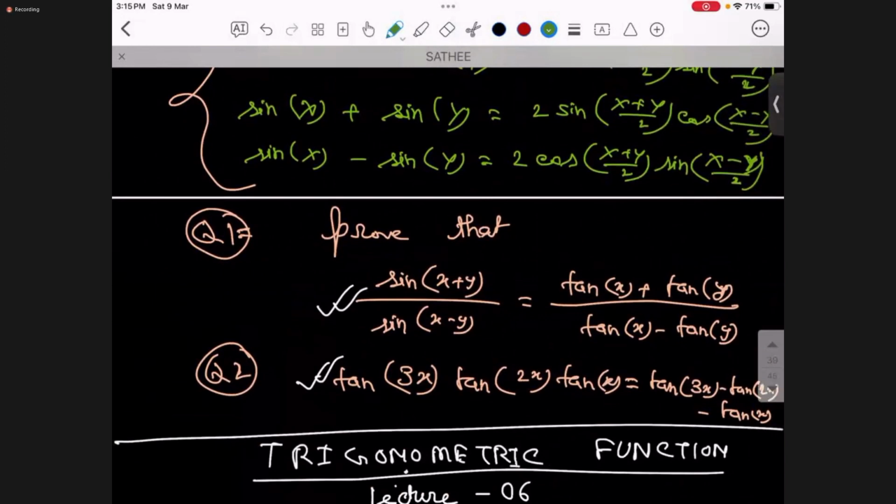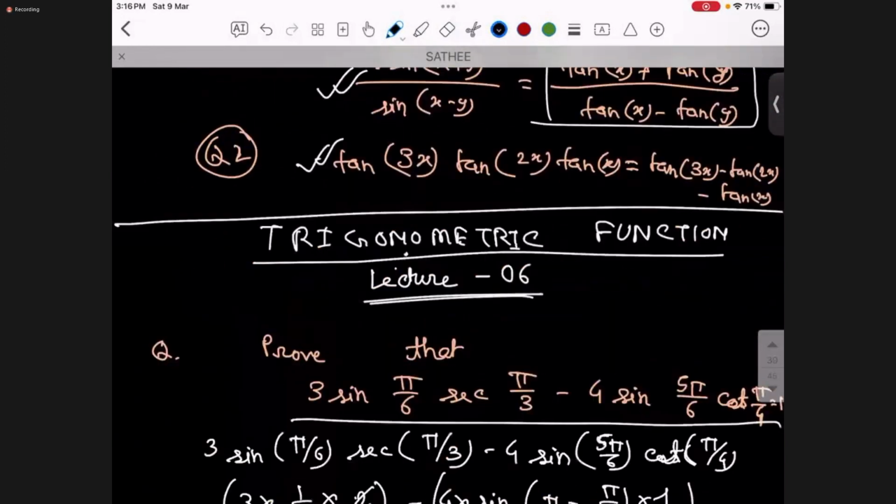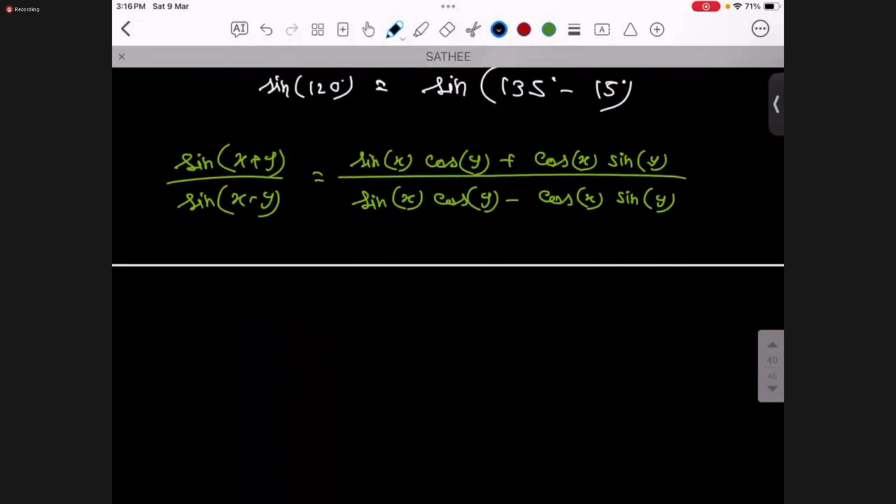They are asking for the expression in terms of tan, and we obtained the form like this. Now, how can we get an expression with respect to tan? For that, we need to divide the function by some cos.